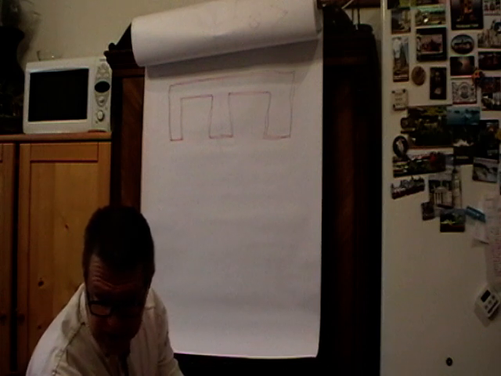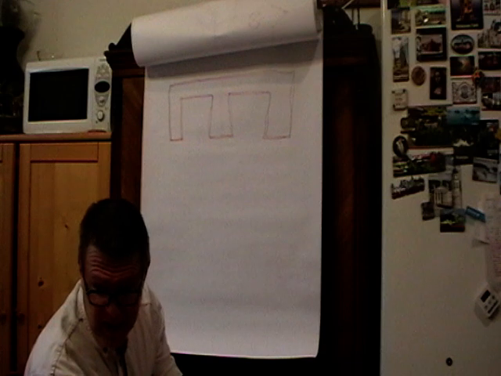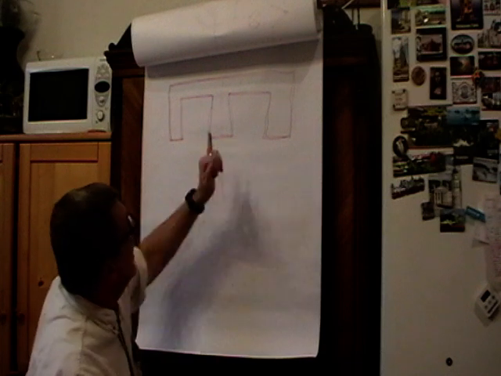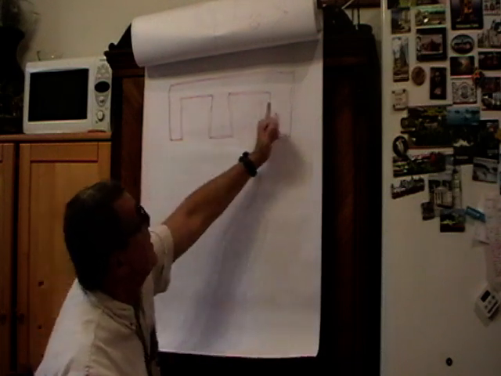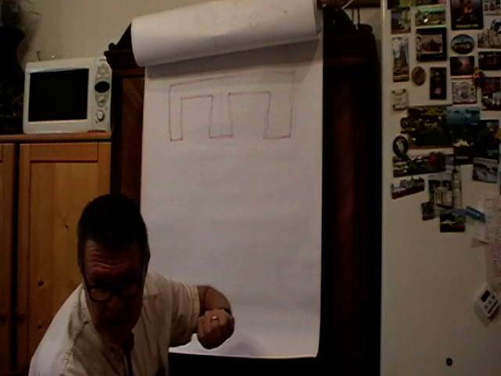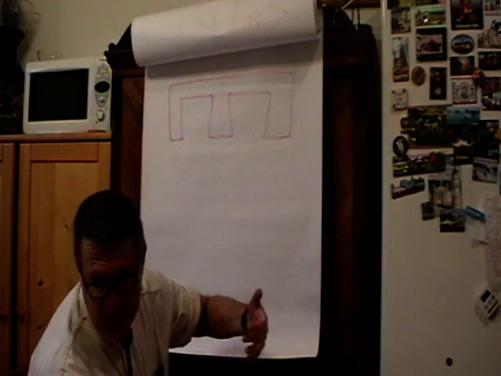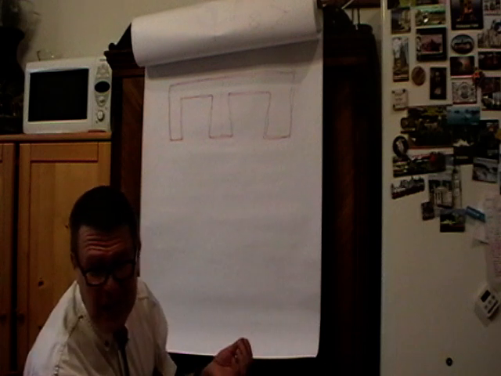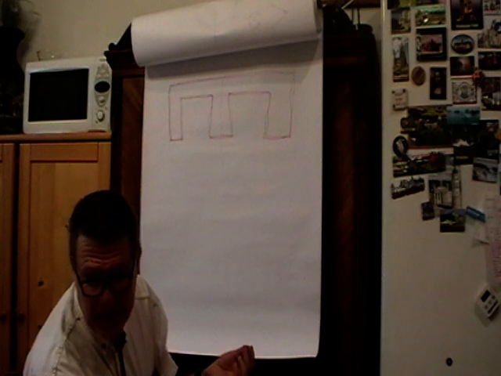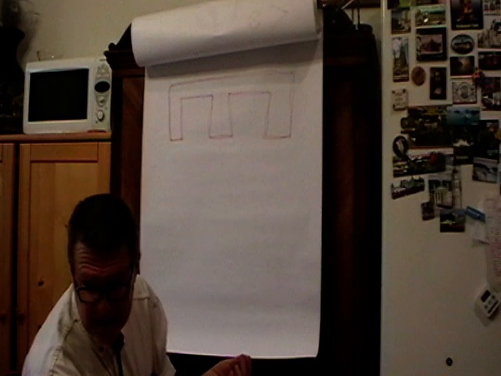Why is the center part twice the width? Because then you have two halves that are composed of sticks or bricks with the same width and therefore the same magnetic reluctance.